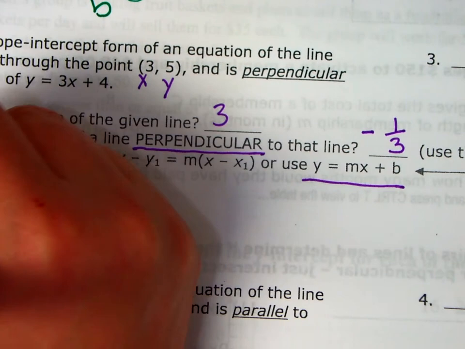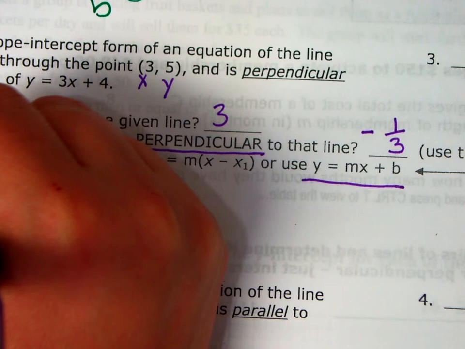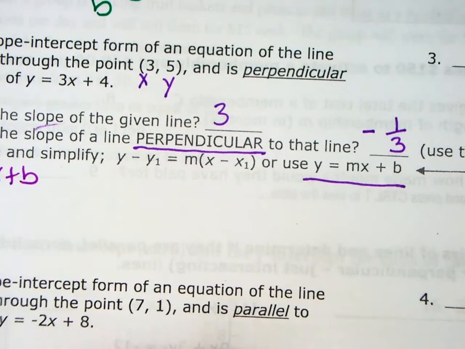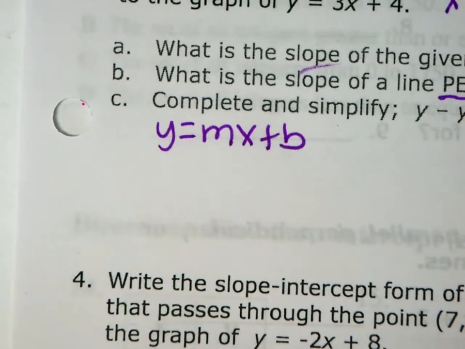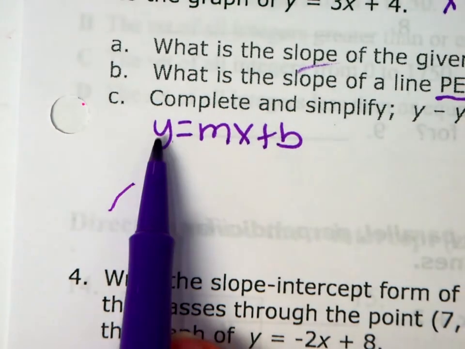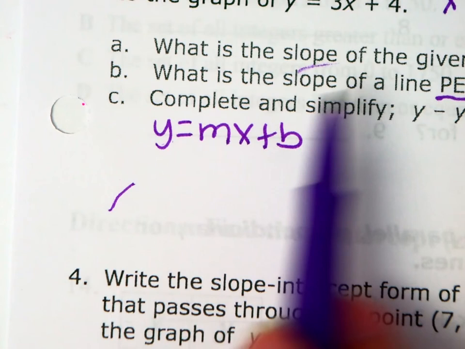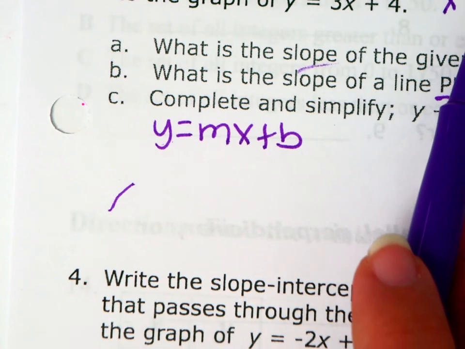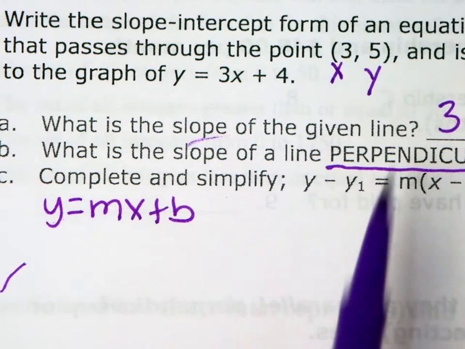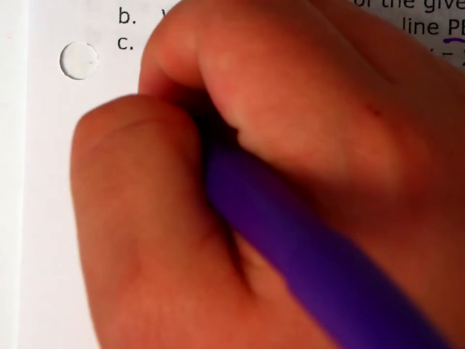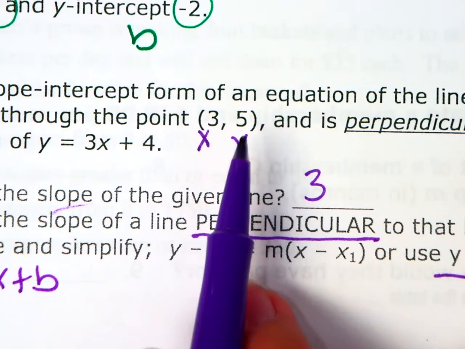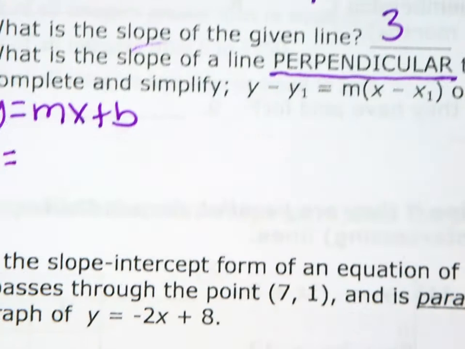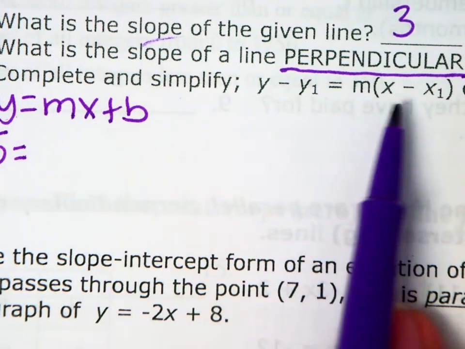So y equals mx plus b. What's my y value from the point? 5. What's my m, my new m?